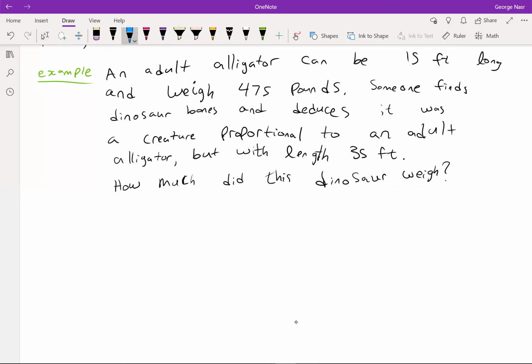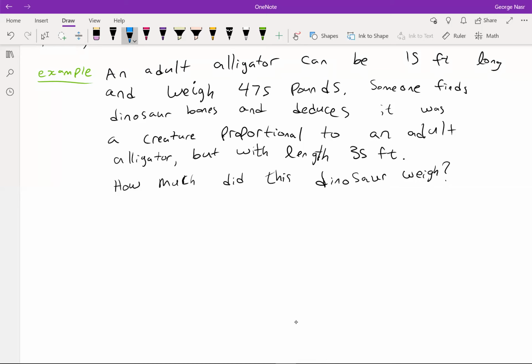Someone finds dinosaur bones and deduces that it was a creature proportional to an adult alligator, except the length was 35 feet. So how much did this dinosaur weigh? There's no way we could actually do this directly. Even if the dinosaur existed, getting it to comply with us and getting it on a scale, and finding a big enough scale, is not very practical.